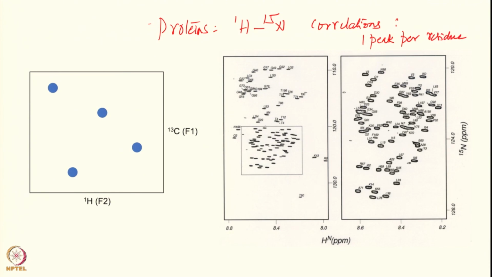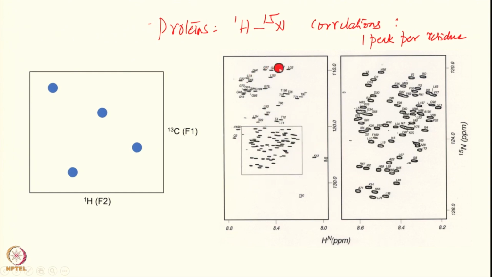Now this is an experimental spectrum of a particular protein. It does not matter which protein it is. You can see here the F1 axis is the N15 axis, which goes from about 110 ppm to 140 ppm, about a 30 ppm range, and here you see such a wide distribution of peaks, and these are all correlation peaks only, nothing else.